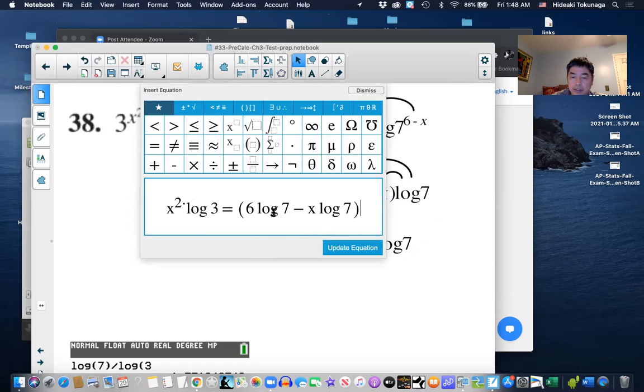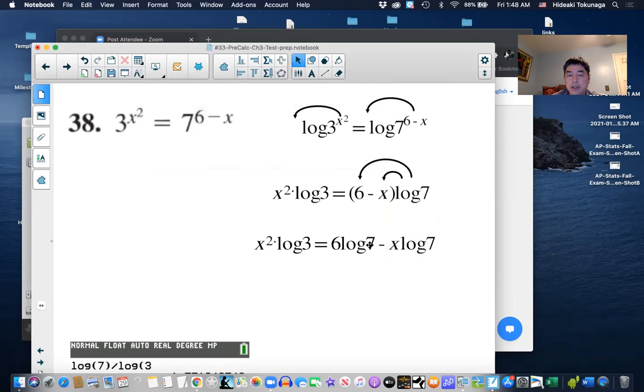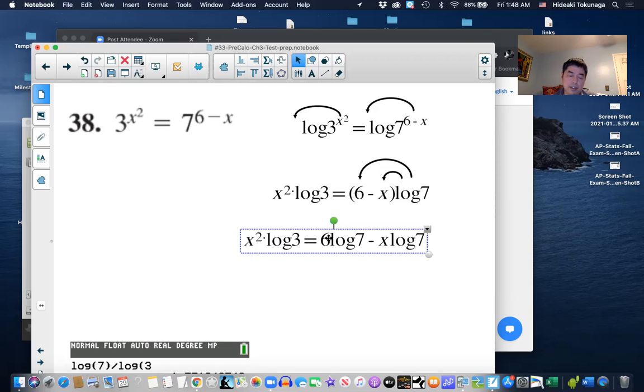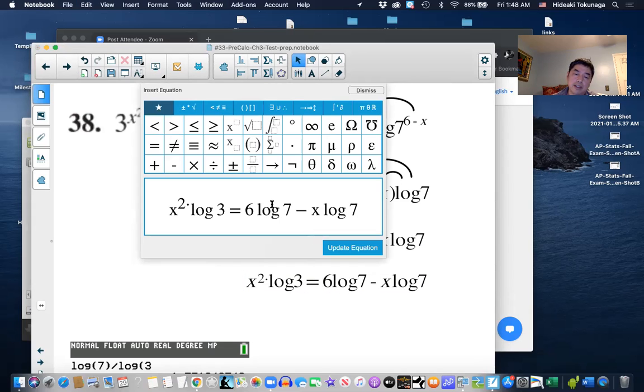We can take this off and move this one to the other side. If you move it to the other side, we change the sign. It's going to be negative and positive. And the left hand side is going to be 0. However, let's move this one and write them plus x log 7 first.